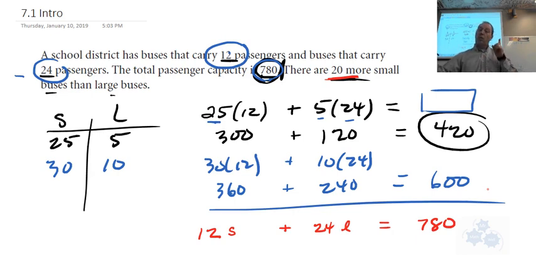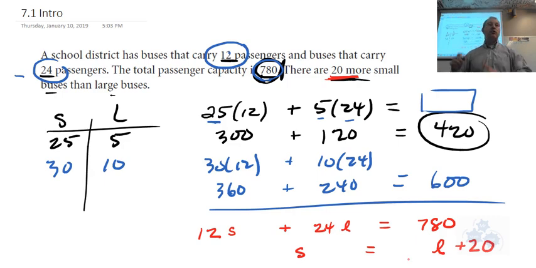But we're also considering the fact that there has to be 20 more small buses than large ones. So as far as the small buses, if we make an equation out of that, small buses is not the same as large buses, but there has to be 20 more small buses. So in order for these to be equal, there's more of the small buses, so I'm going to add 20 to the smaller number.